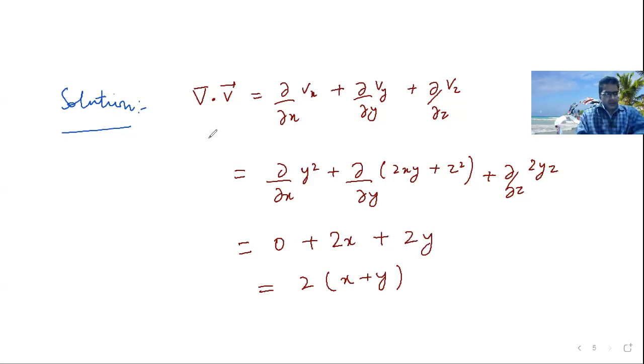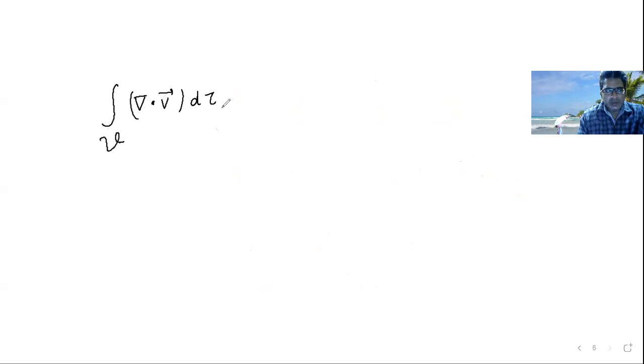Now I will find my volume integral. What was volume integral? I have to find the integral of the divergence of the vector field. I put the value of the divergence, that is 2 times x plus y.